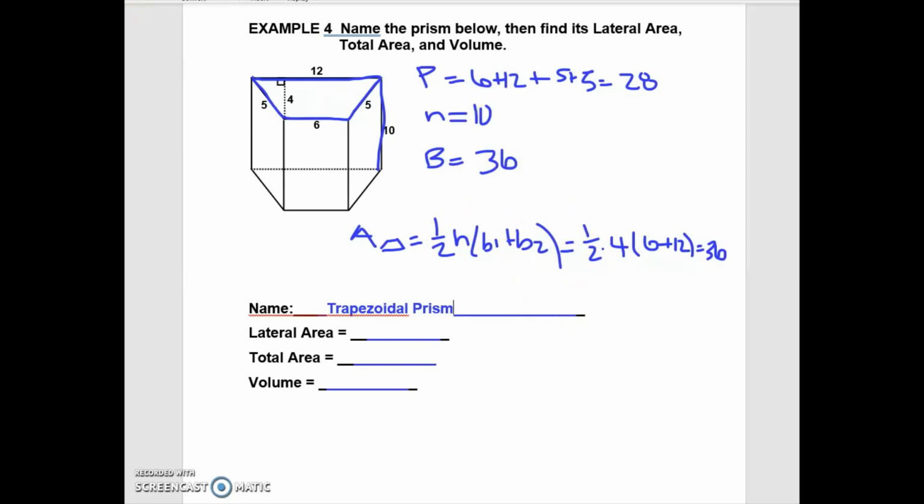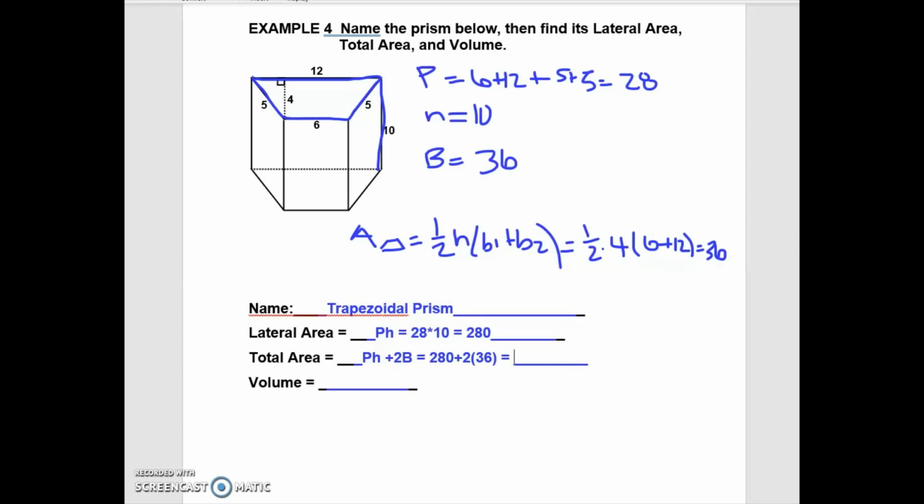Let's fill these in. Lateral area is perimeter times height. Perimeter is 28 times 10, which is 280. Our total area is our lateral area plus 2 times the area of base, which is 280 plus 2 times 36.